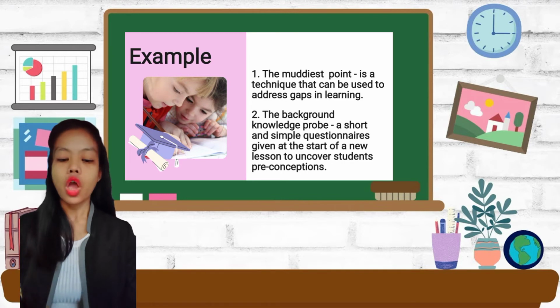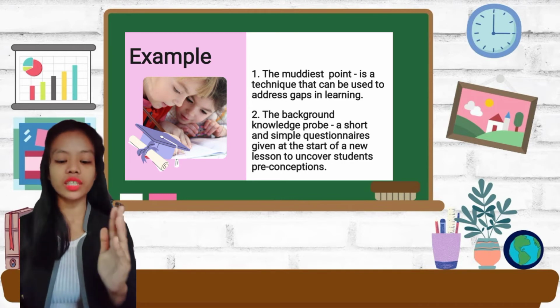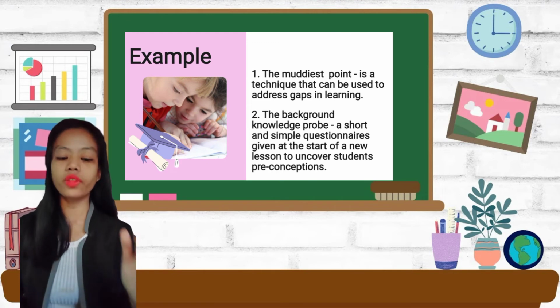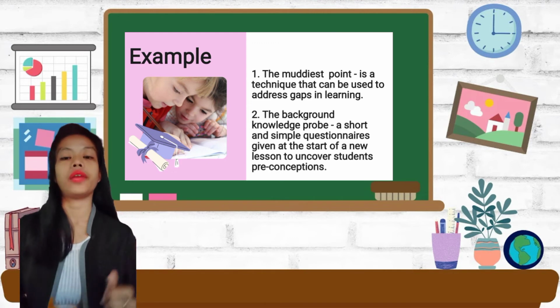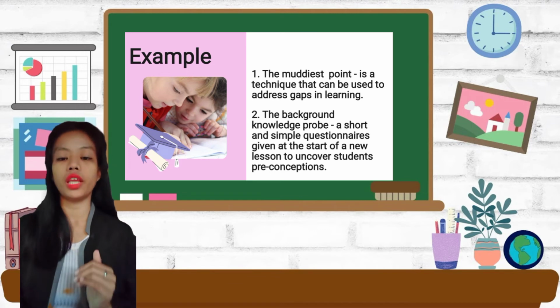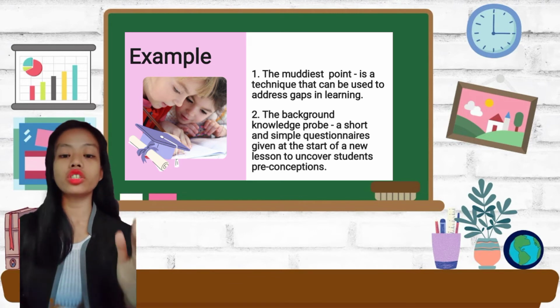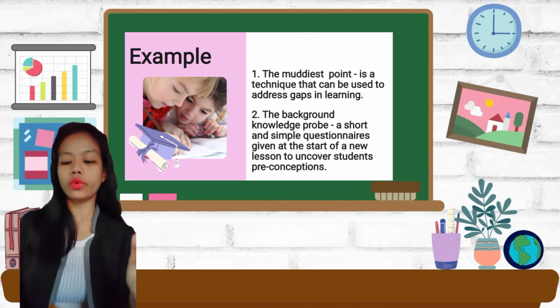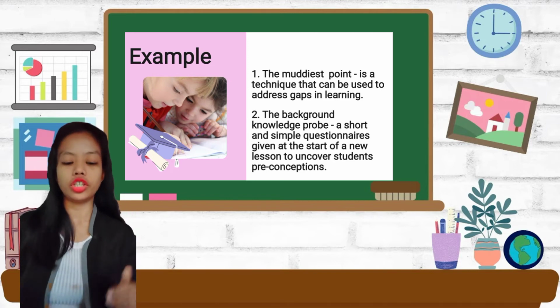From this, we can see that formative assessment is used as feedback to enhance teaching and improve the process of learning. There are other types of formative assessment: question and answer during the discussion, assignments, short quizzes, and observations.